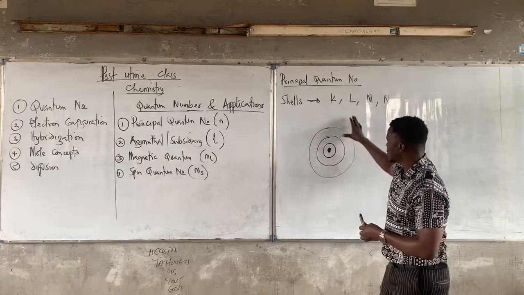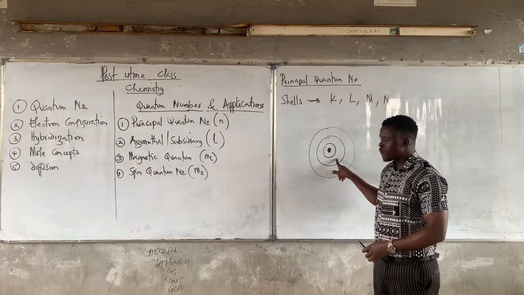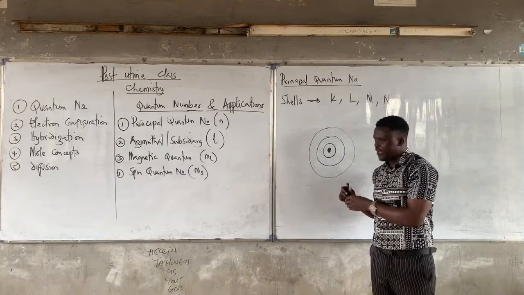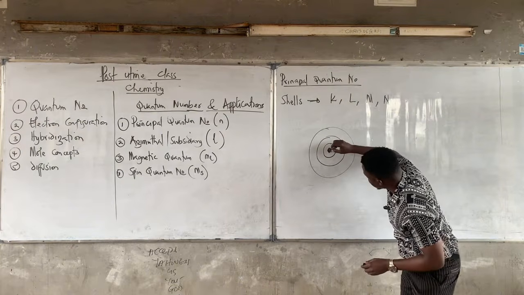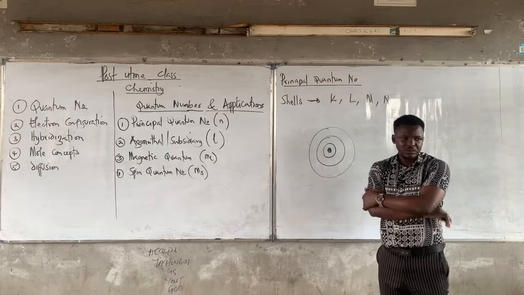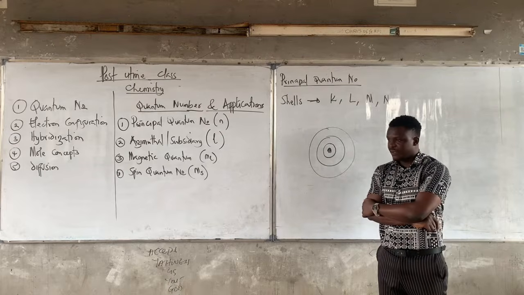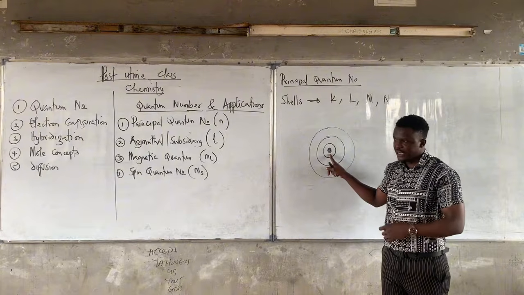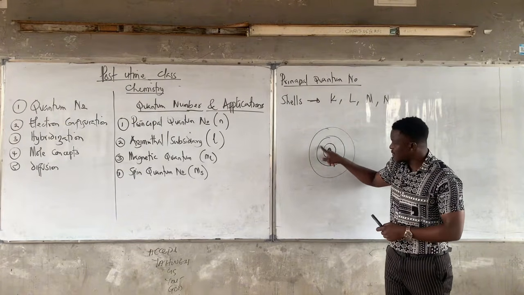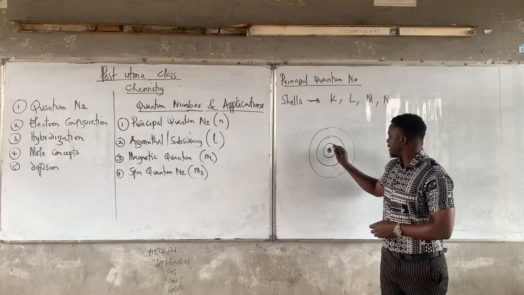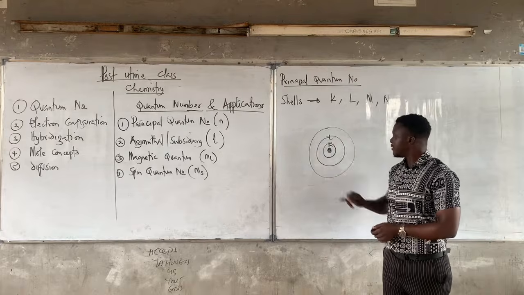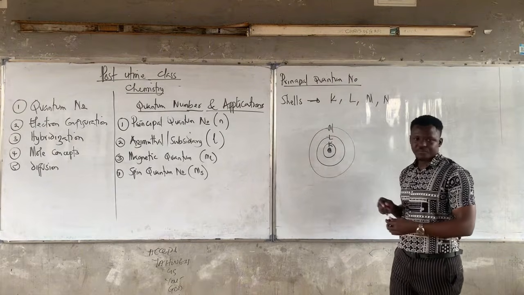Now let's see an atom like a spherical substance. This thick dense center is what we call the nucleus, which was discovered by Rutherford through the gold foil experiment. Around this nucleus there are shells. The first shell is the K shell, the second is the L, and the third is the M.